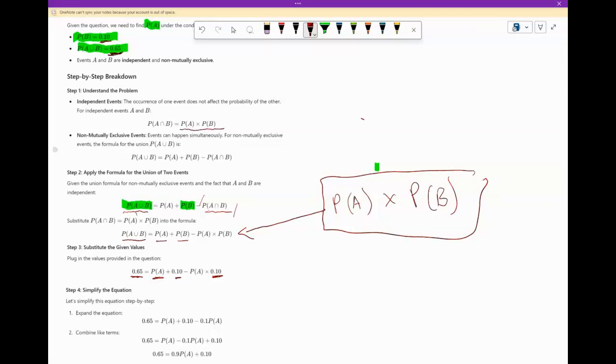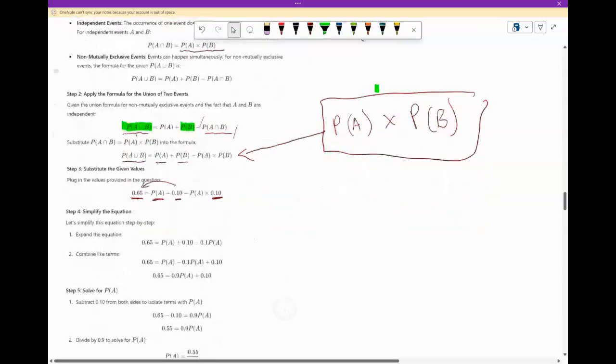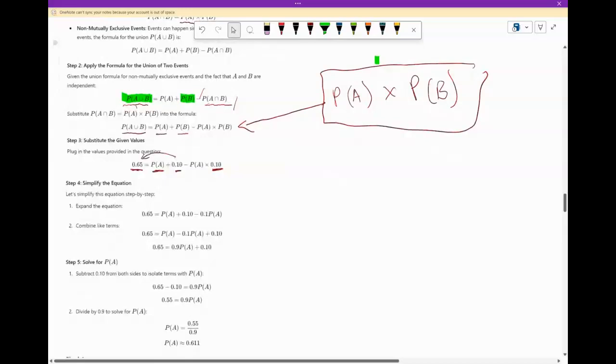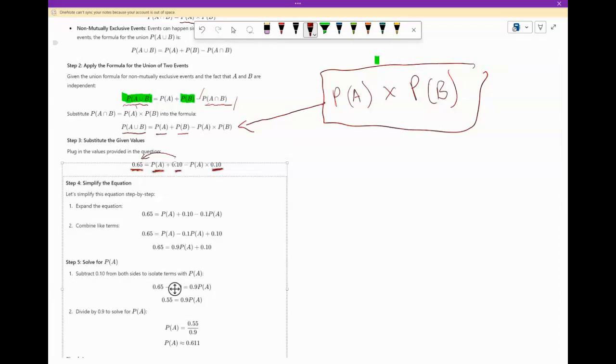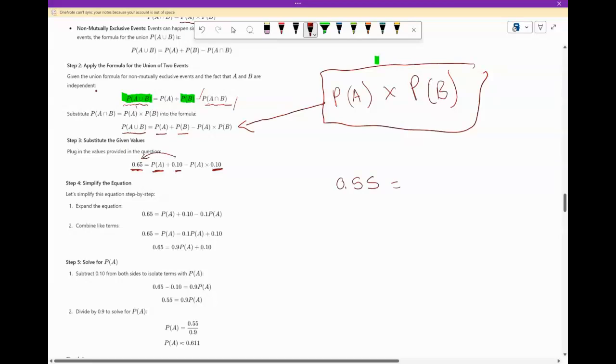Now, like we usually do with any equation, we bring like terms together. So they throw over this positive 10 to the other side. It's obviously going to become a negative 10. Okay. So what you're then getting is 0.55 equals the probability of A. That 0.10 is gone, so minus the probability.